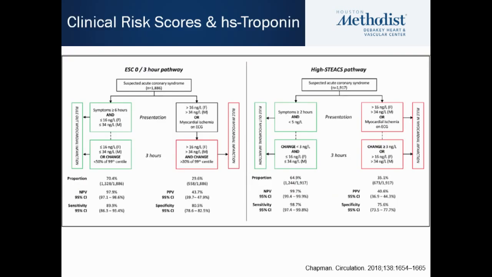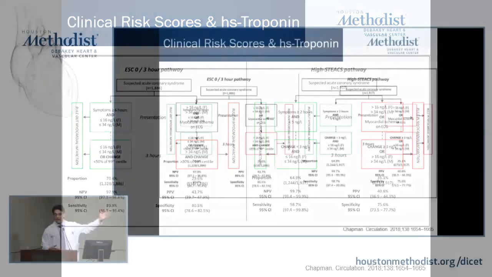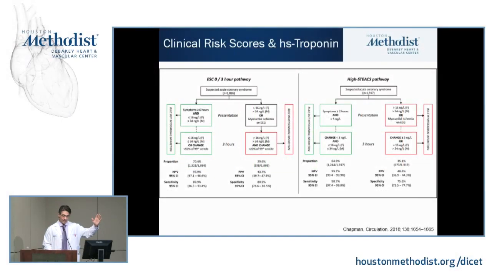Similarly, other groups have said, and again, here the Europeans are leading in this. They have 3-hour pathways where you take a combination of these clinical risk scores, and in this particular setting, they're using high sensitivity troponin. They can clear a patient in 3 hours. In fact, the ESC even has a 1-hour protocol.